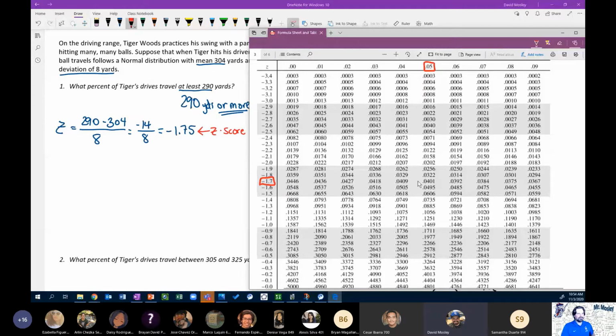Then I find where they intersect: 0.0401. So that is the proportion out of 1, 0.0401, that is to the left of that z-score.